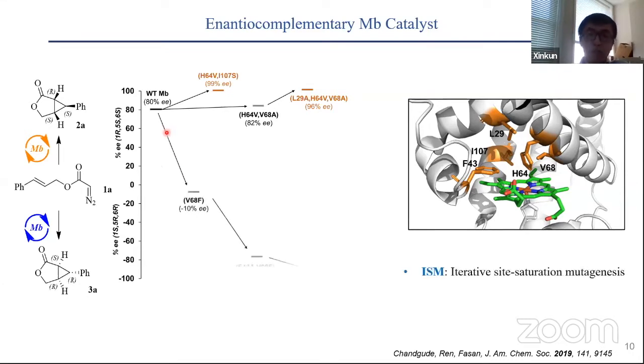Therefore, iterative rounds of site saturation mutagenesis targeting the active site residues were performed, and a progressive improvement of the desired selectivity towards the second enantiomer was then obtained through three rounds of optimization. The resulting triple mutant was able to give the second enantiomer in 89% EE, which equals 94.5 to 5.5 enantiomeric ratio.